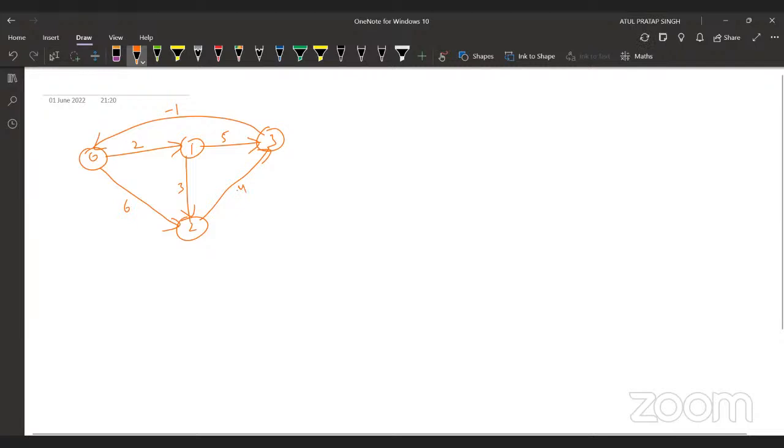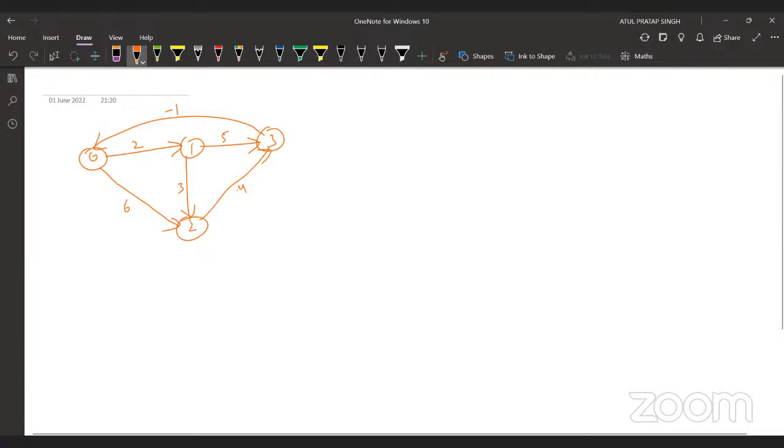I'm just taking a small example, and we will check how we can solve this problem using the Floyd-Warshall algorithm.